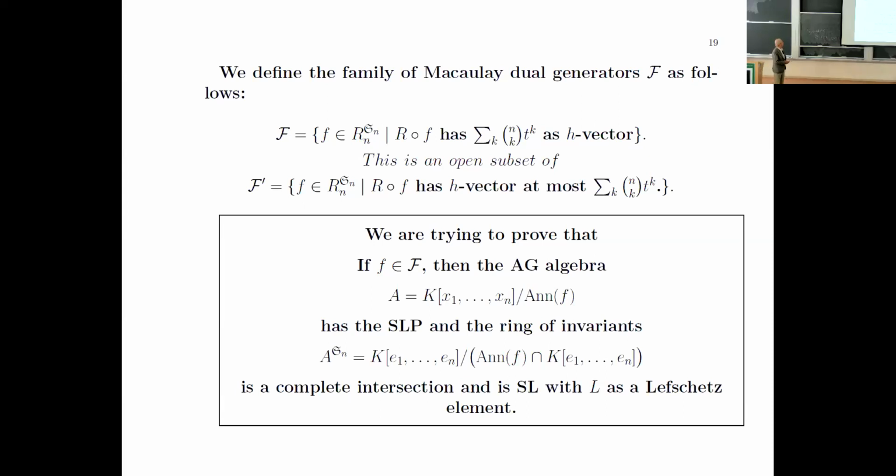At least K has to have characteristic 0. I didn't say.